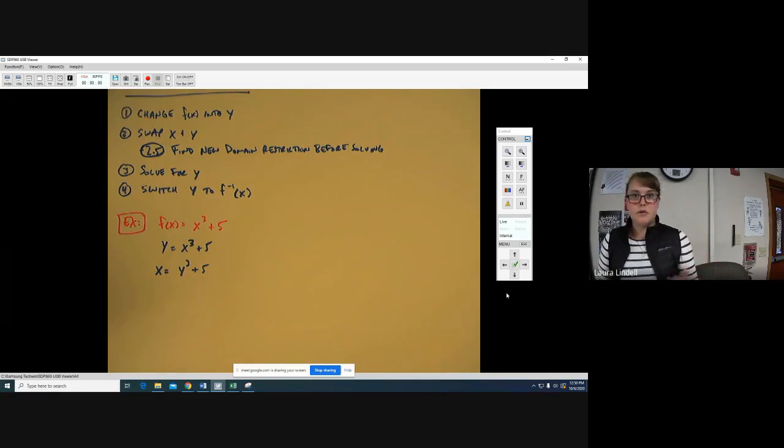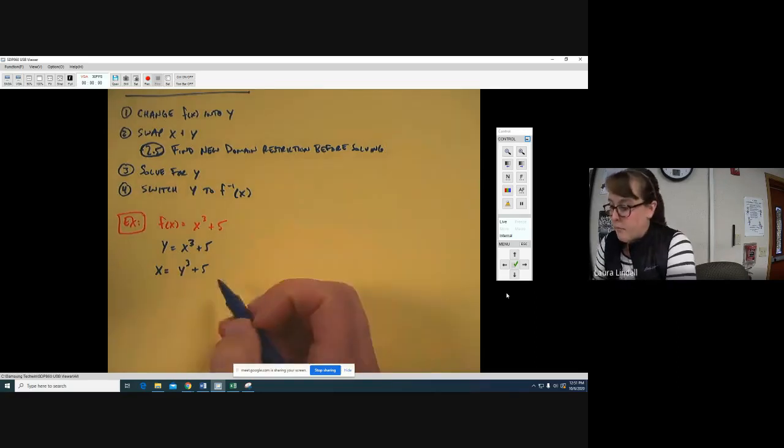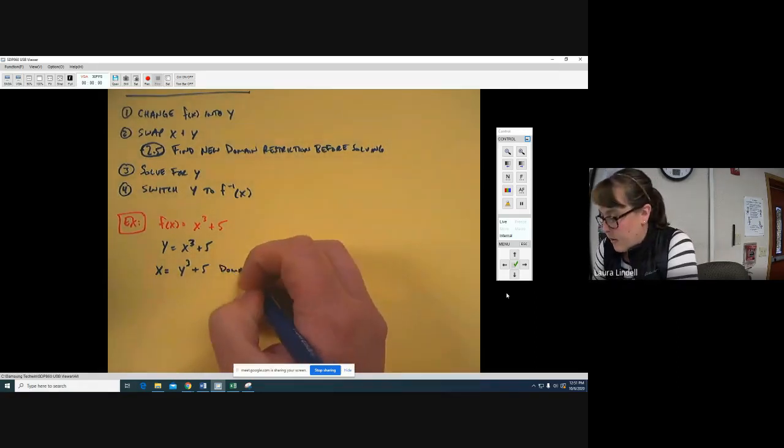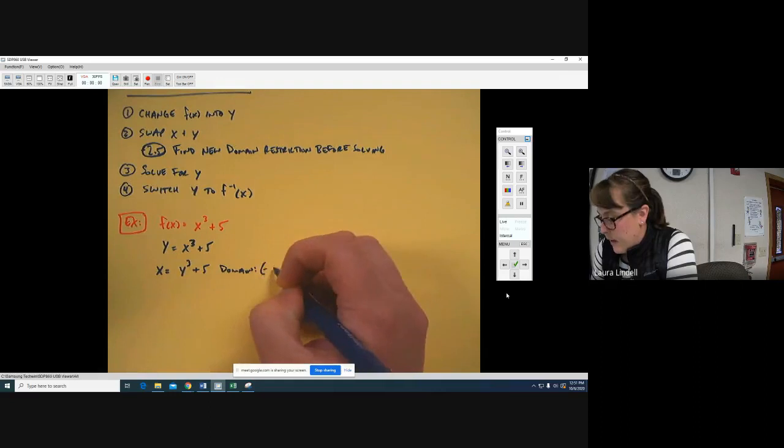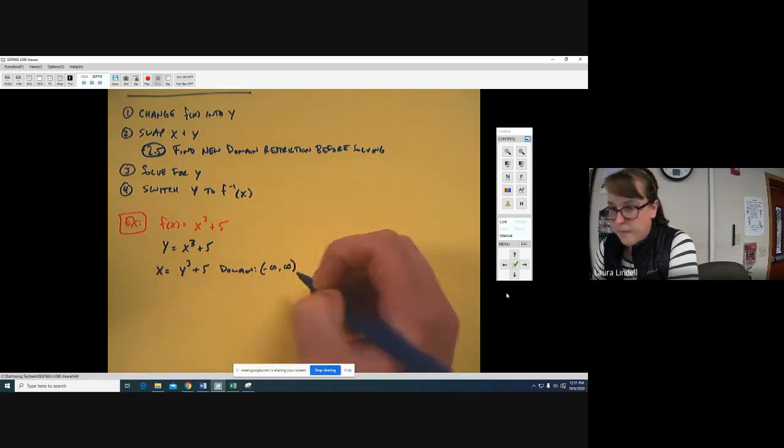Those will be cases where you have domain restrictions. This is one of the cases where our domain is going to be just the implied domain of negative to positive infinity. So that's good. So from here, our domain is going to be negative infinity to infinity.